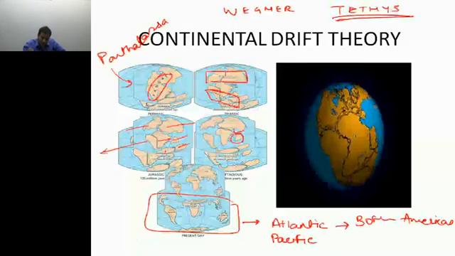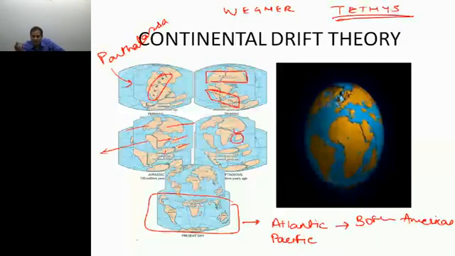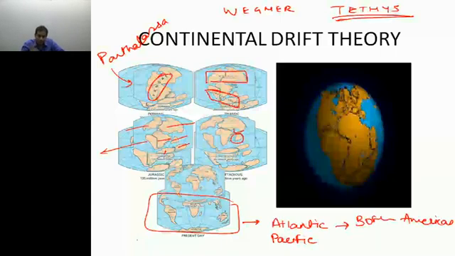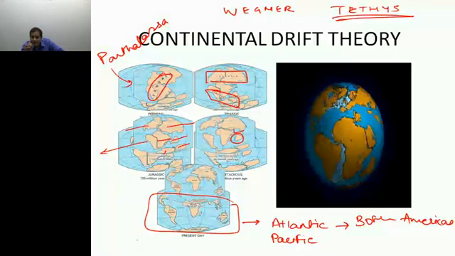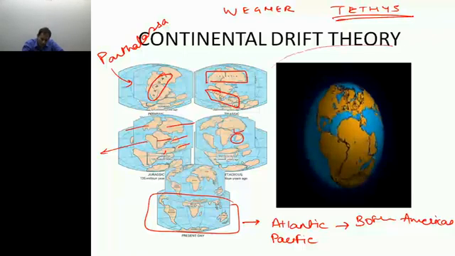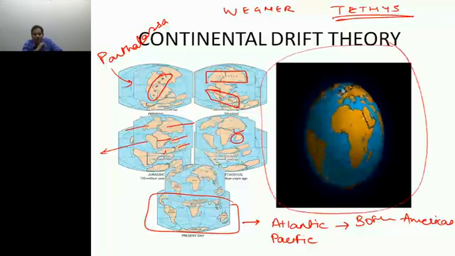If we look at the animation here, which is a little bit fast, you can see that initially there is a supercontinent known as Pangaea, and the continents drifted to occupy their present position. In this figure, the focus is on Africa.